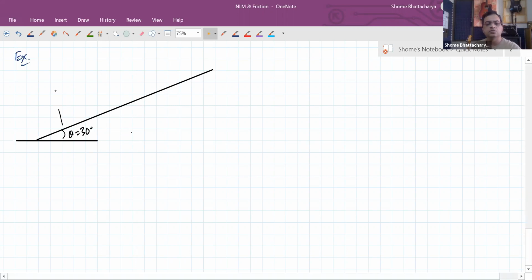So we have a 30-degree smooth inclined plane. And in this inclined plane, we have placed a block like this of mass m. Okay.